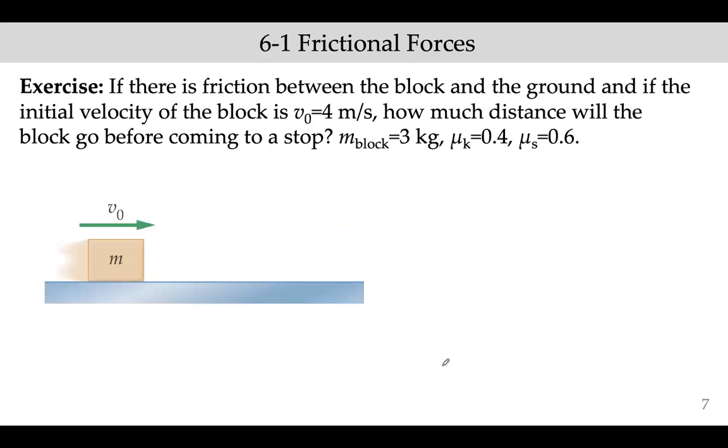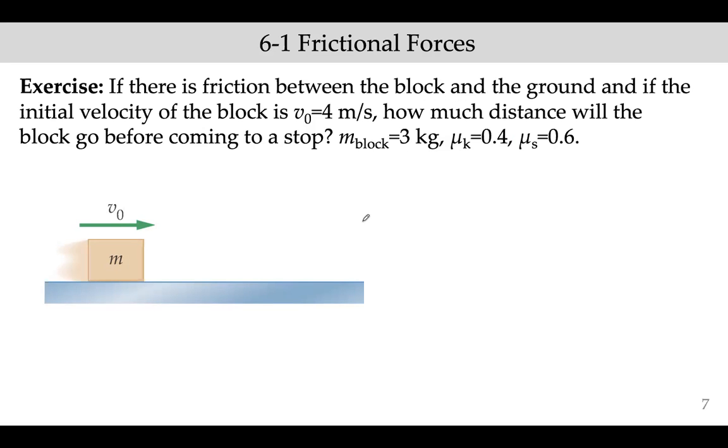Okay, let's do this exercise. If there's friction between the block and the ground, you have to read the problem really carefully. In some problems, there's no friction. In some problems, there is. And so there's friction between the block and the ground.